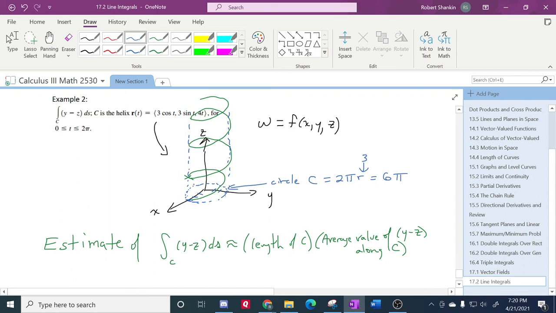So that blue circle is 6 pi, and when it gets over to here, the t value was 2 pi, and 2 pi times 4 is 8 pi. So this has a height of 8 pi, here to here.